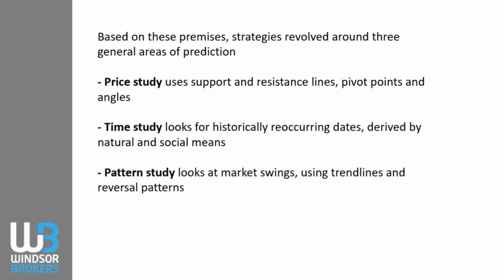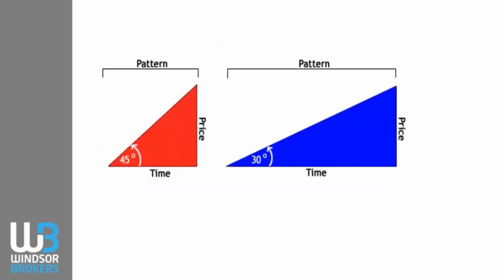Time study was the next one, where he was looking for historical movements and reoccurring dates, which were caused by various natural and social means. And then he studied the patterns. He was looking for market swings, again using trend lines and reversal patterns, so predicting what the next movements in the market will be.